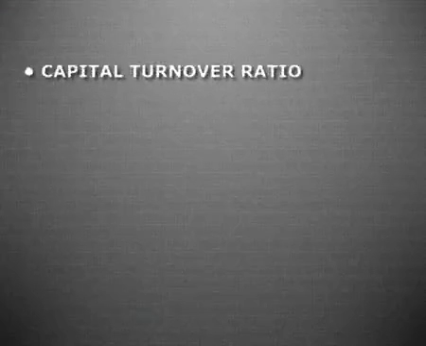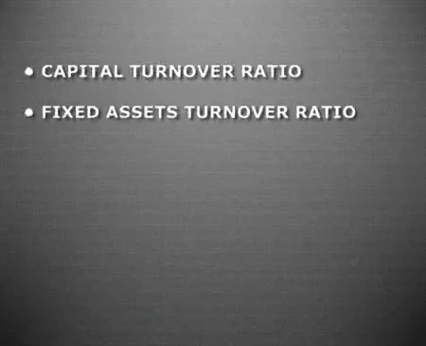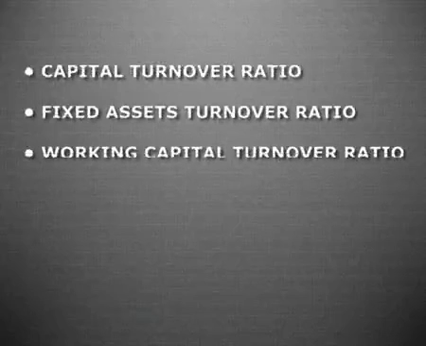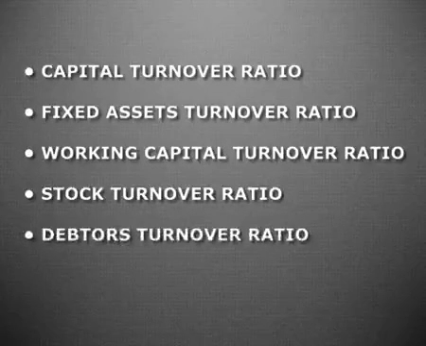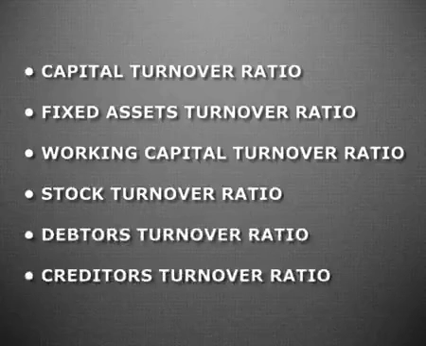In other words, a high turnover ratio indicates a better use of capital or resources. The important activity ratios are capital turnover ratio, fixed assets turnover ratio, working capital turnover ratio, stock turnover ratio, debtors turnover ratio, creditors turnover ratio.